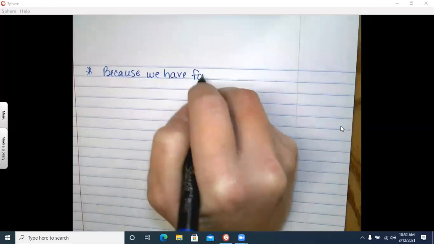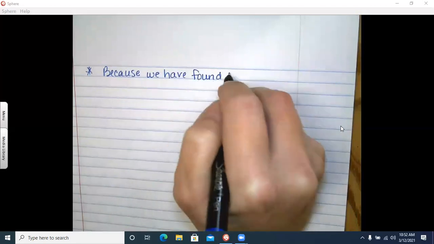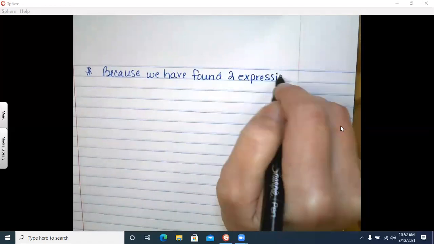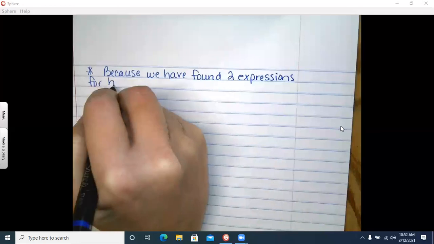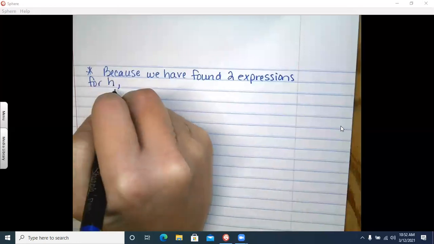So because we have found two expressions for H, we can set these expressions equal to each other.